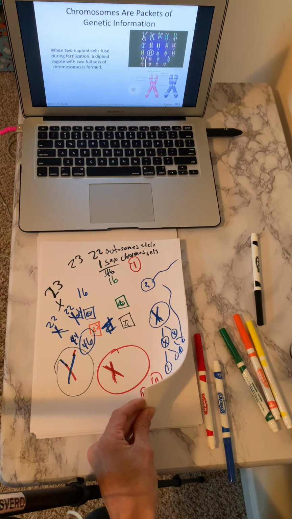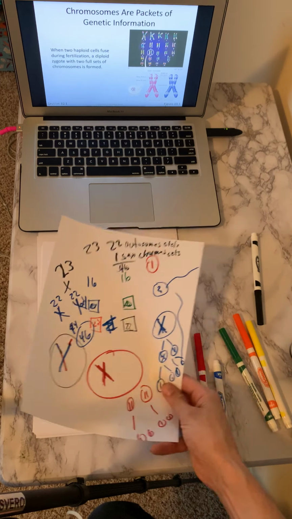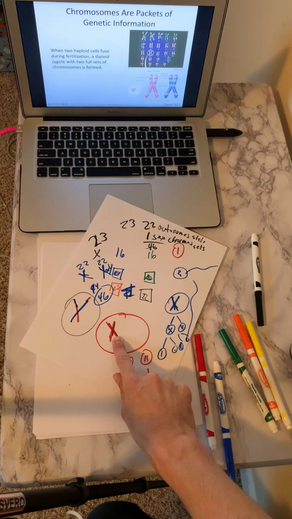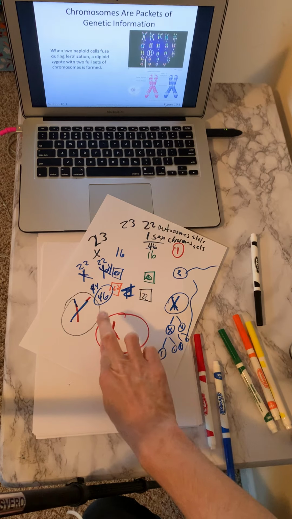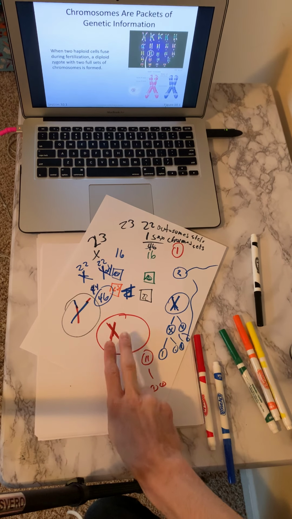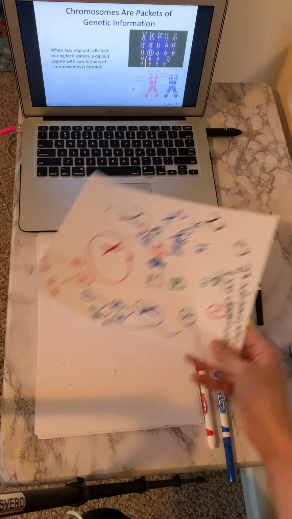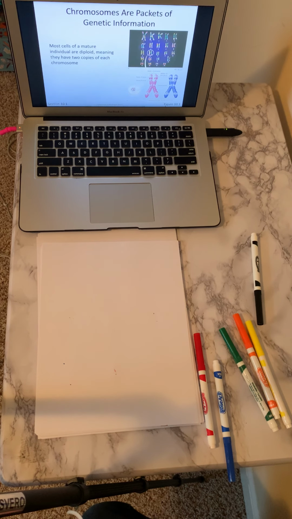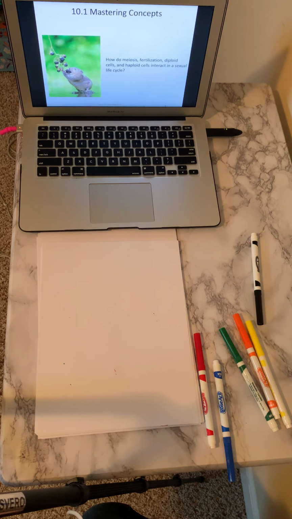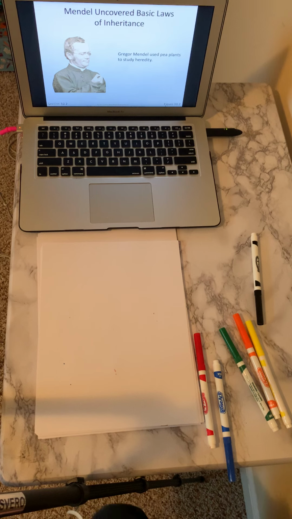So why does this matter? Why did I go over this stuff real fast, about one copy of chromosomes from your mother, one copy from your father? This is where the concept of genetics is going to come back into play. This guy right here, Gregor Mendel, very important guy. He figured out the ratios that organisms reproduce by.